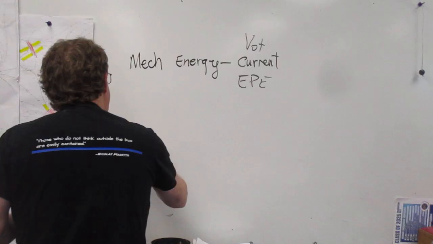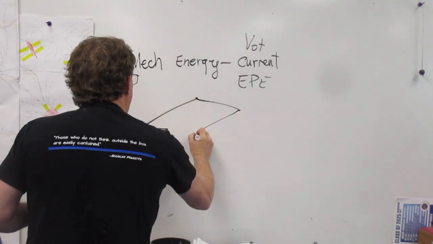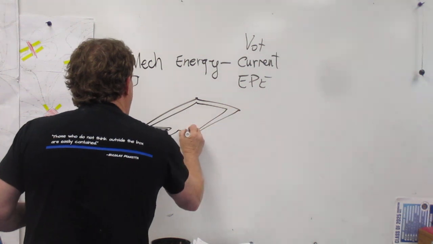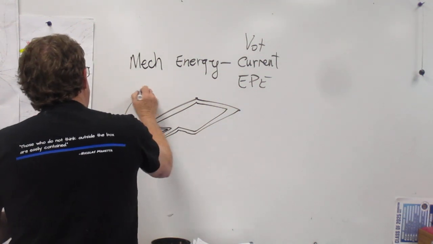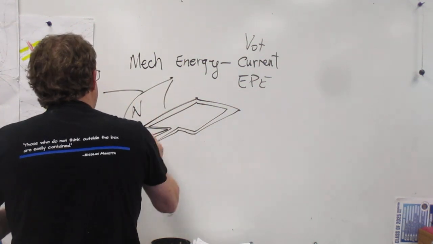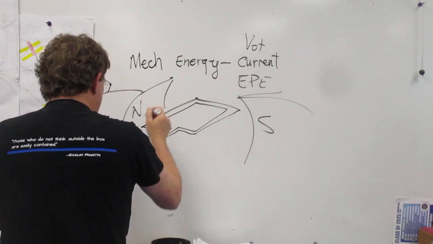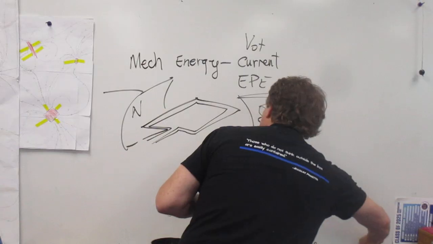And so we said, look, if we have this little coil of wire and we're physically scraping or rotating this wire in a magnetic field where you have a north pole and a south pole, so you have a magnetic field that's going to the right here.